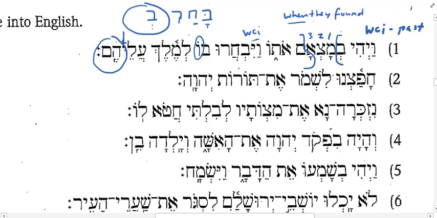How many of you have taken Greek before? All right. You know that when you have a direct object in Greek, what case is it in most of the time? What case is the direct object in? I know, this is quite a switch, isn't it? But what case?